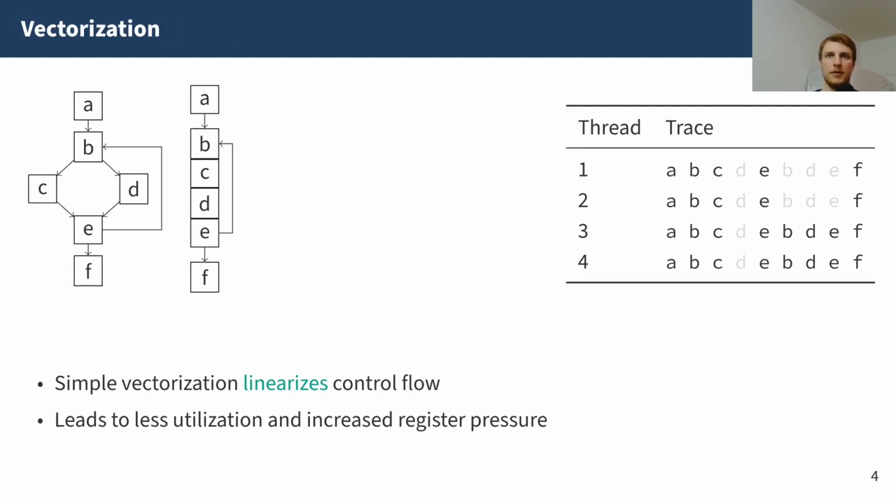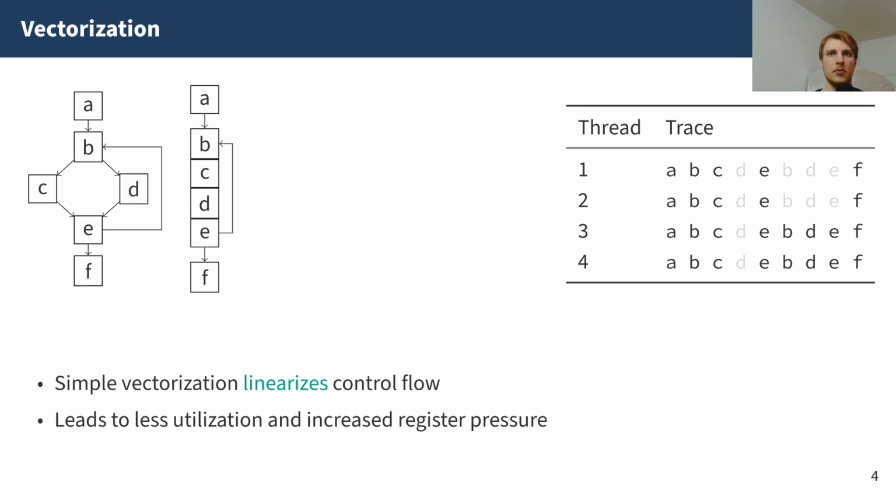Think about our previous example and now assume you want to generate code for a machine with vector instructions. In this setting, the compiler generates one program which is then executed in m instances simultaneously using vector instructions.